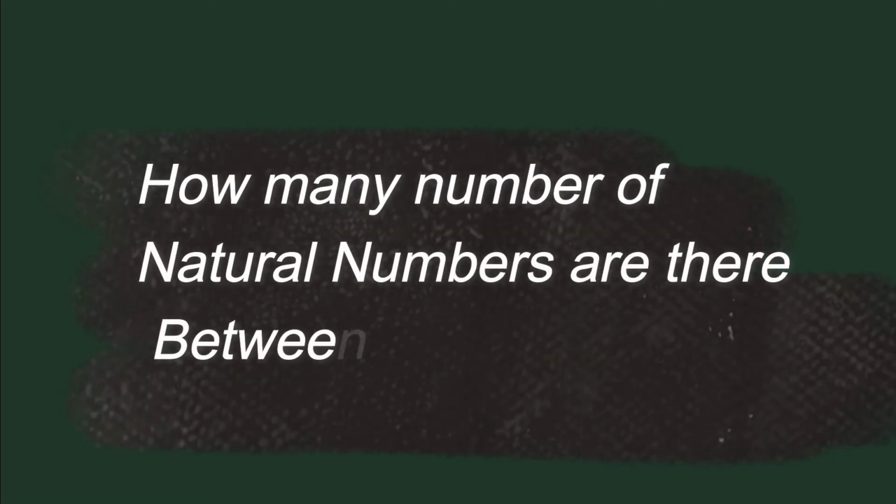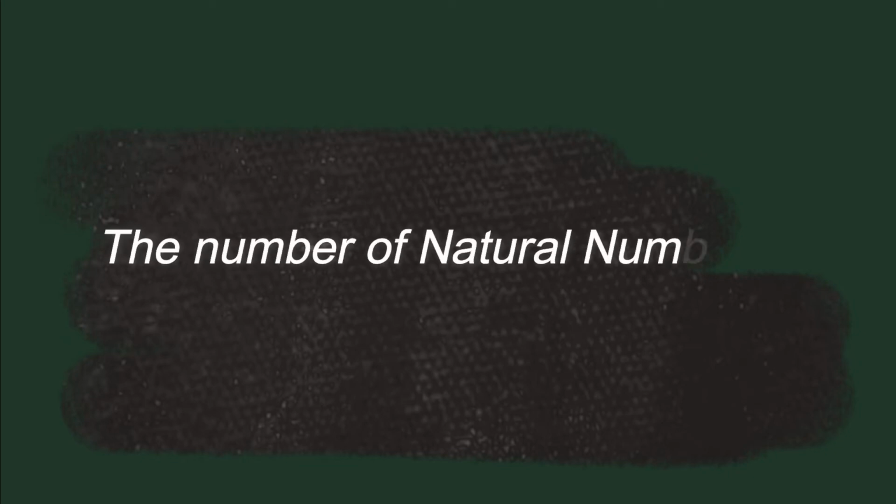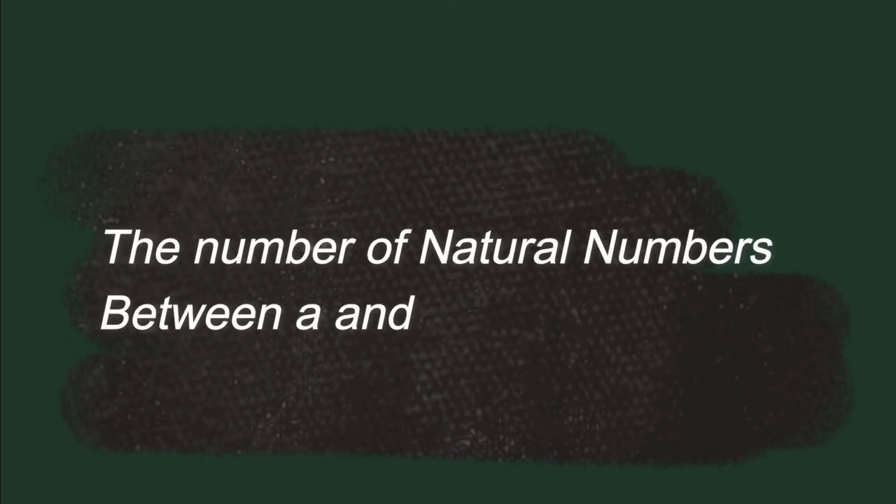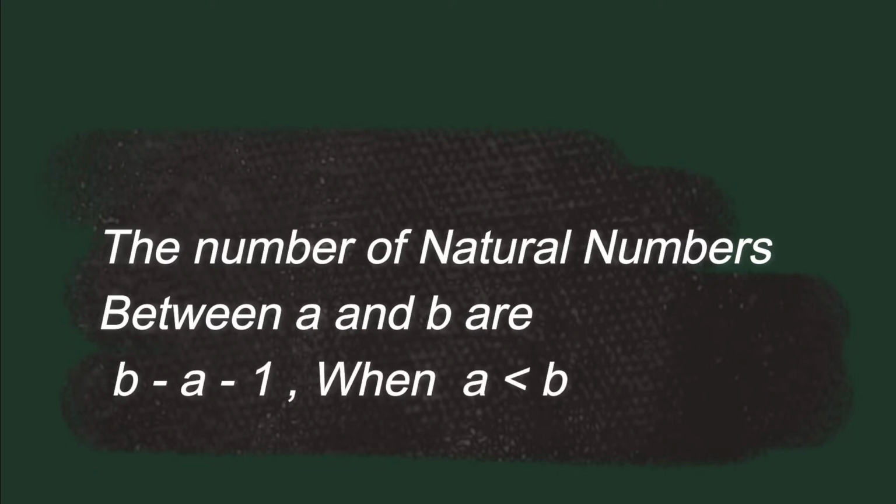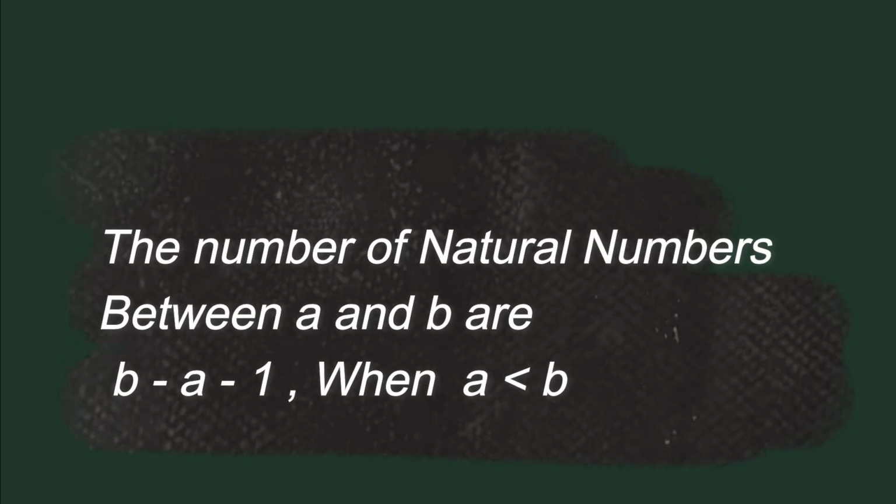How many natural numbers are there between A and B? The number of natural numbers between A and B is B minus A minus 1, when A is less than B. Example: find the number of natural numbers between 1 and 10.